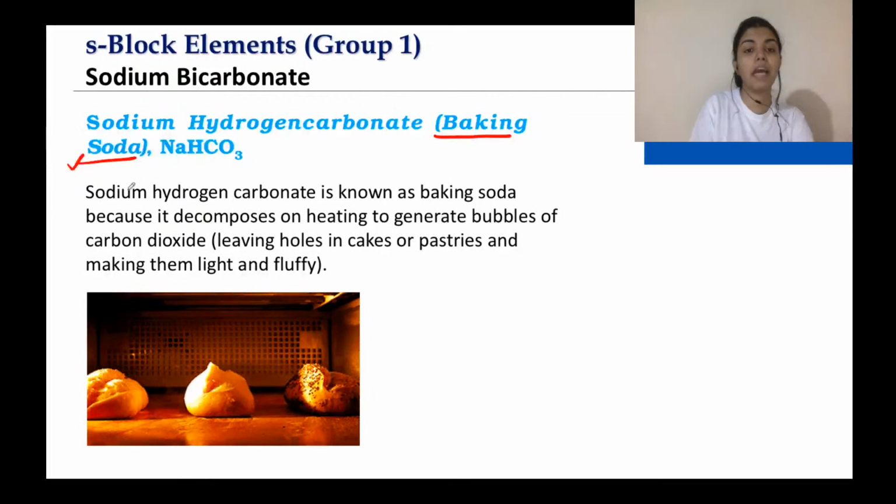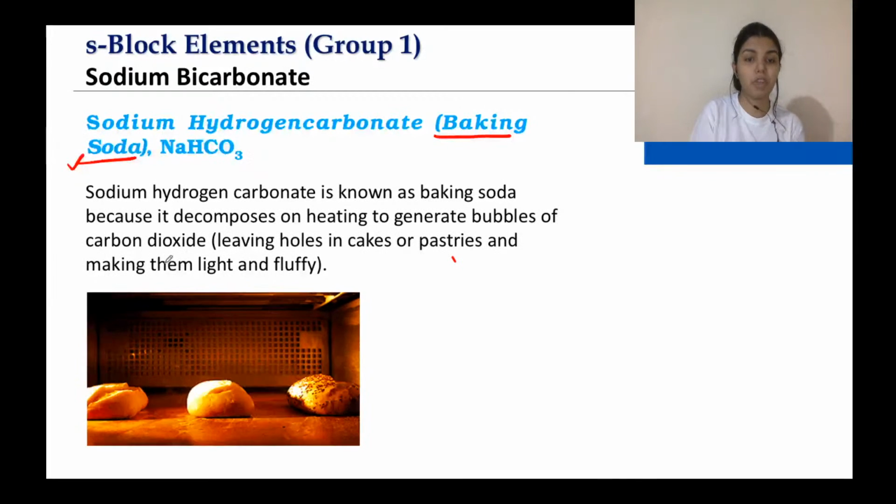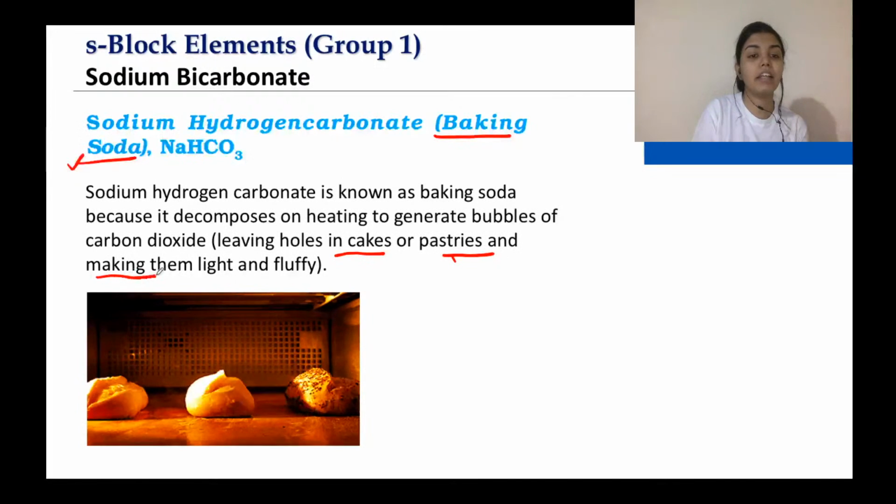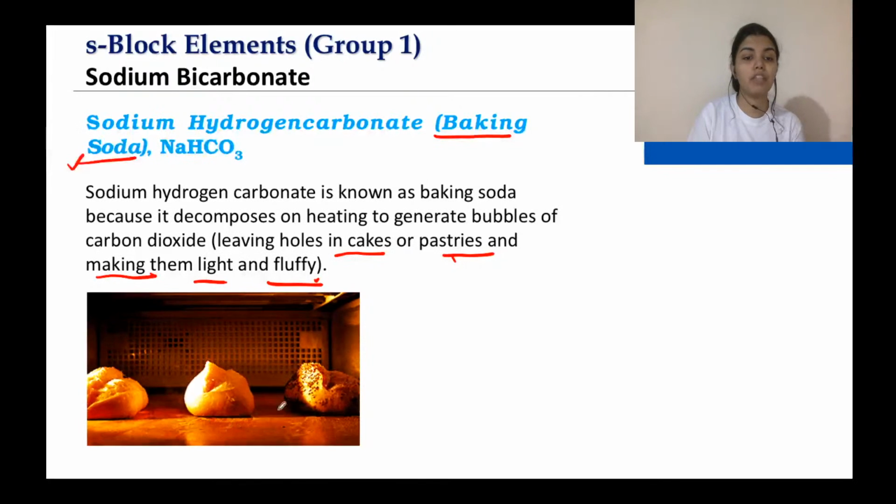So sodium bicarbonate is also known as baking soda because it decomposes on heating to generate bubbles of carbon dioxide. Now these bubbles of carbon dioxide are basically responsible for leaving holes in cake or pastries, and this carbon dioxide basically makes them light and fluffy in nature. Here you can see that by the addition of baking soda, that is sodium hydrogen carbonate or sodium bicarbonate, the pastries or the puddings or the cakes become fluffy.